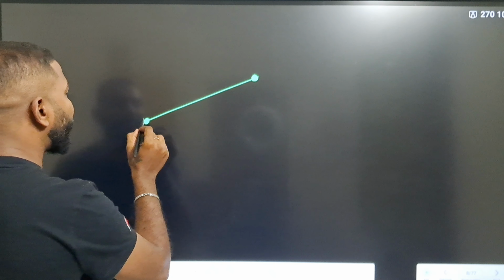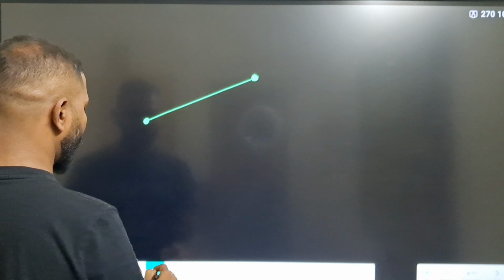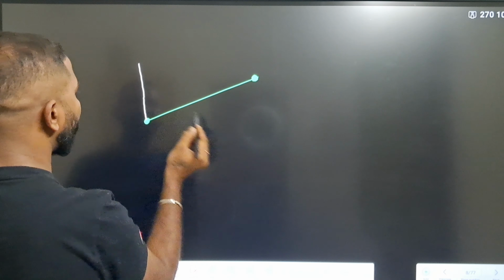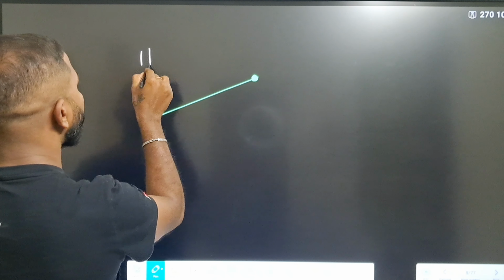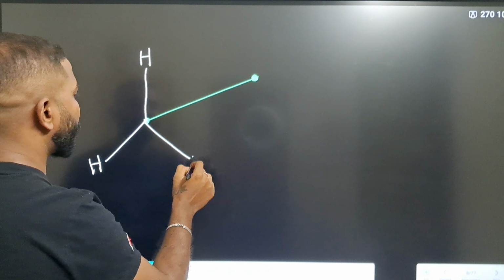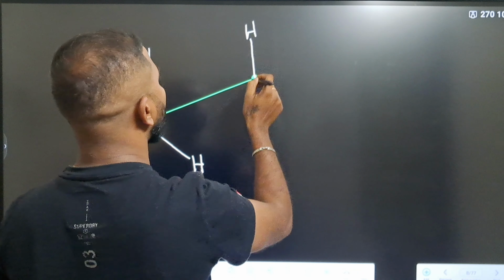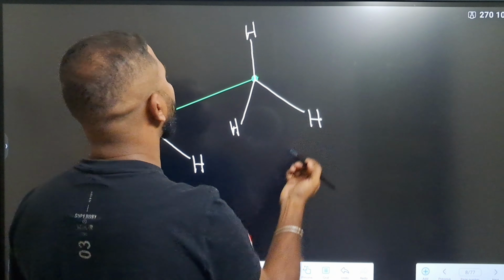This carbon has 3 hydrogens. Yes, we are going to have 3 hydrogens for the front carbon, and the same possibility is also there for the backside carbon. There are 2 carbons.